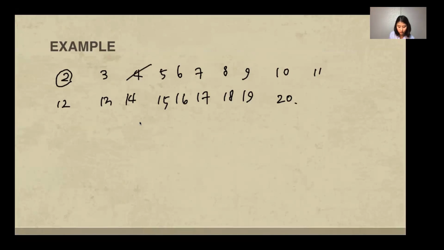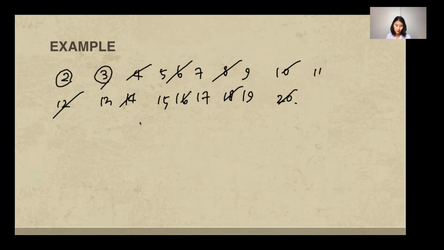So we have 4, 6, 8, and so on. Once we've done that, we're going to move to the next number, which is 3. Circle that and cross out all the numbers divisible by 3. So we have 9, 12 is already crossed out, 15, and that would be it.